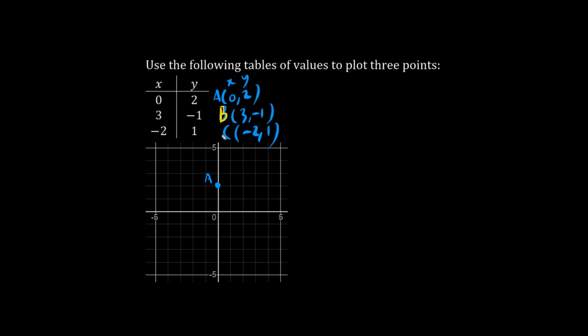For point B, we go 3 right, 1, 2, 3, and 1 down. So B is over here. How about C? C has coordinates 2 left, -1, -2, and 1 up. So -1, -2, 1 up is point C.